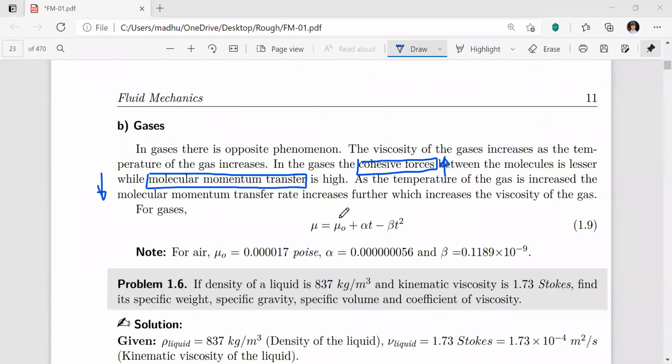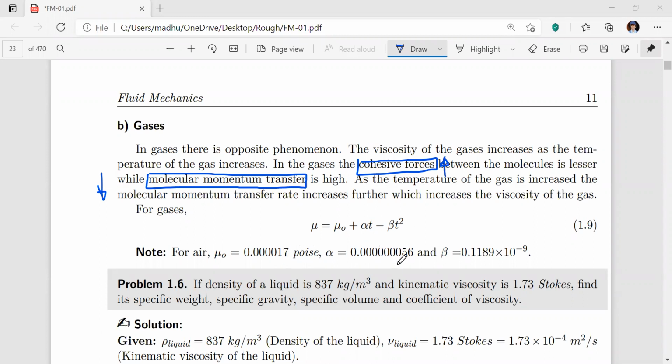Therefore, for the gases, as the temperature increases, the viscosity also increases. Now again, we have an equation to calculate the gas viscosity at a particular temperature. Mu is the gas viscosity at a particular temperature. Mu naught is the viscosity of the given gas at 0 degree Celsius. Alpha and beta are constants for the gas, and T is the temperature.